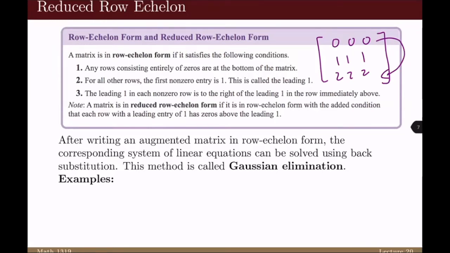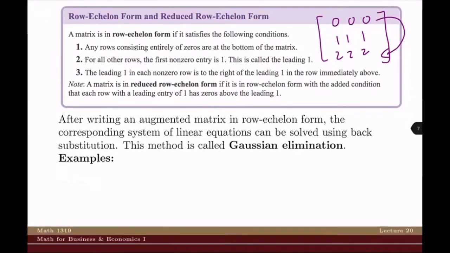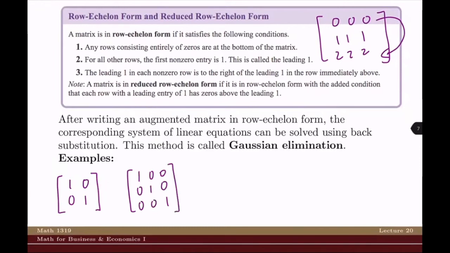So this is a lot of words. I'm going to just draw you some examples. So we could have 1, 0, 0, 1. We could have 1, 0, 0, 0, 1, 0, 0, 0, 1. So you can see that we have leading ones are the ones going down the diagonal.